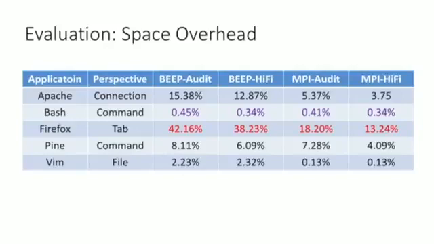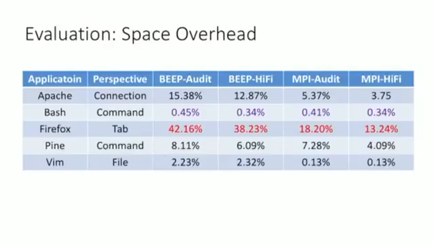As you can see, for Firefox, the space overhead caused by BIP is very high, and compared with BIP, MPI performance is better. This is because many of the low-level events in Firefox can actually be removed. So we can remove those unnecessary instrumentations and make the instrumentation lightweight.